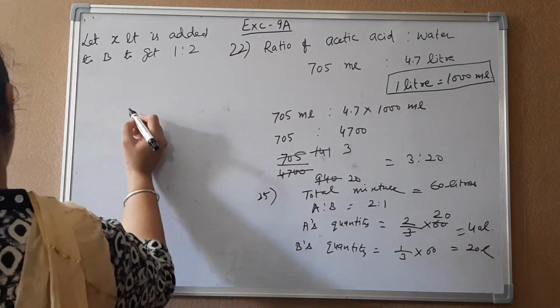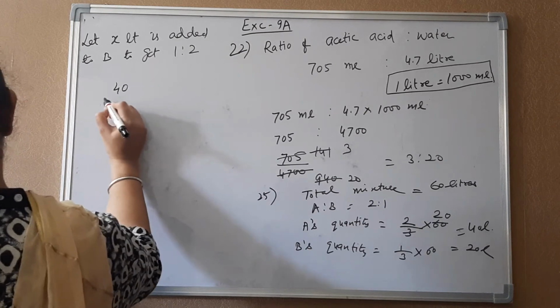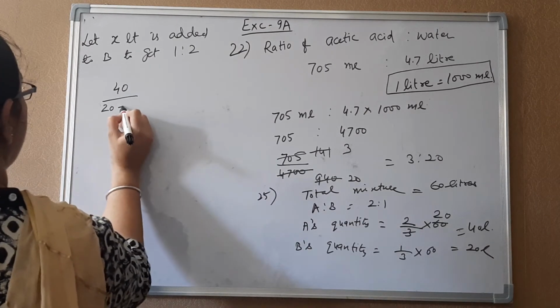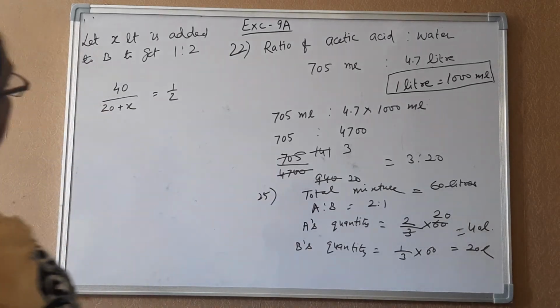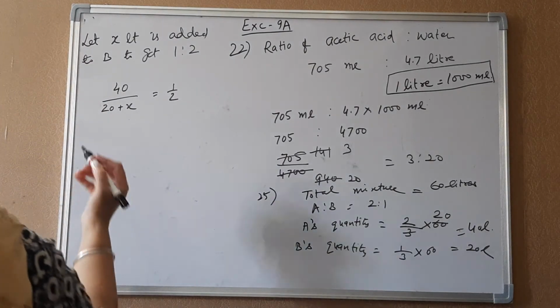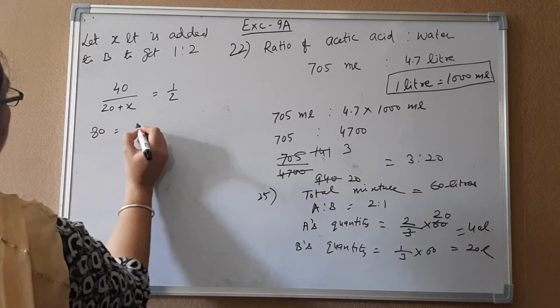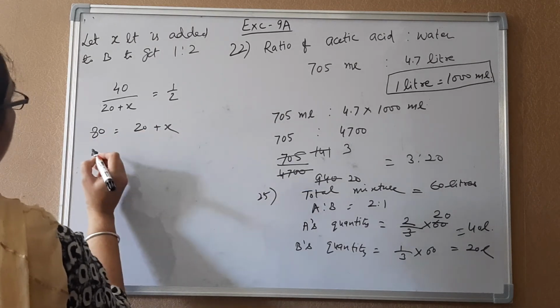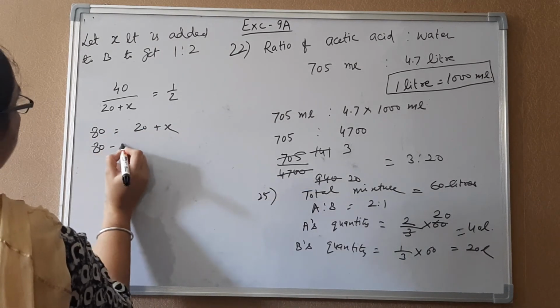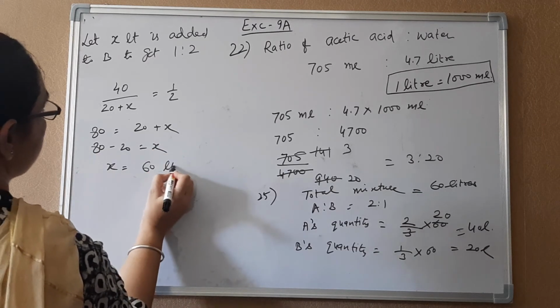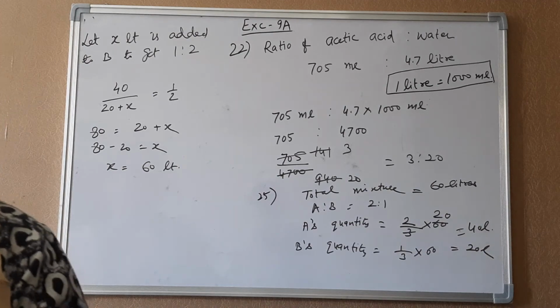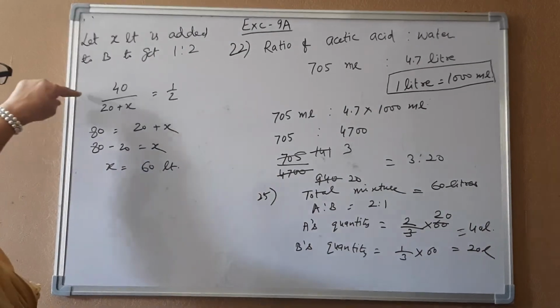So A will remain as it is, 40, B is 20, we have added extra to get 1:2. You can cross multiply to get, I'll do it, 80 is 20 plus x, so 80 minus 20 is x, which is 60 liters. Means we have to add 60 liters to the quantity of B.